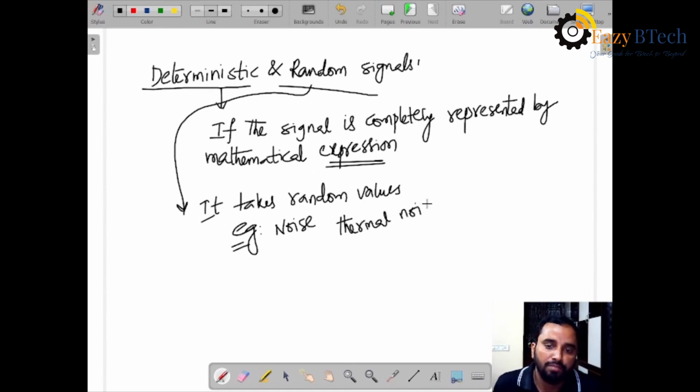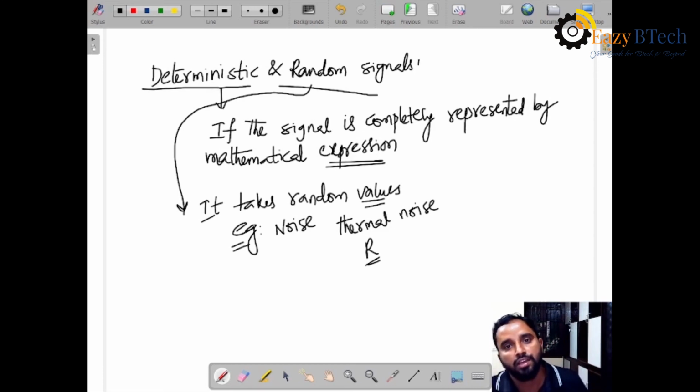It is generated from resistors, which is of random nature, random values. We cannot represent it mathematically. That is a noise signal, a random signal, not able to be represented mathematically. Deterministic signal means we can represent it mathematically. So this is the classification. Okay. Thank you students.